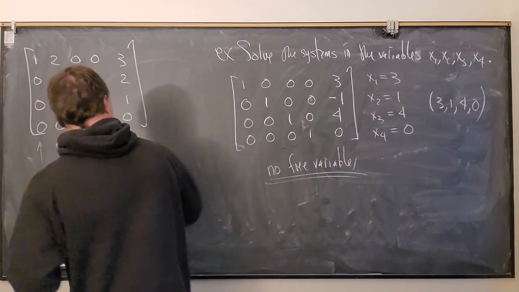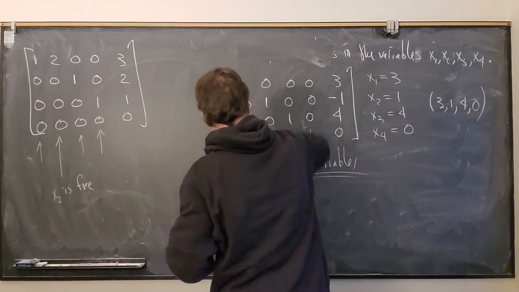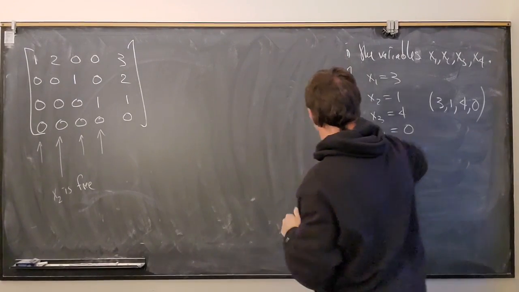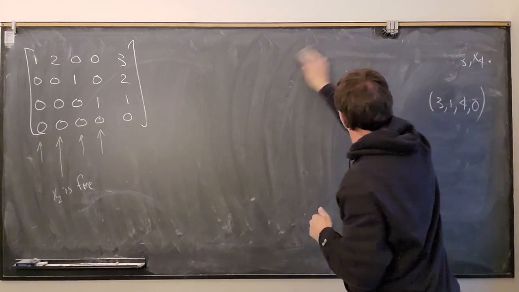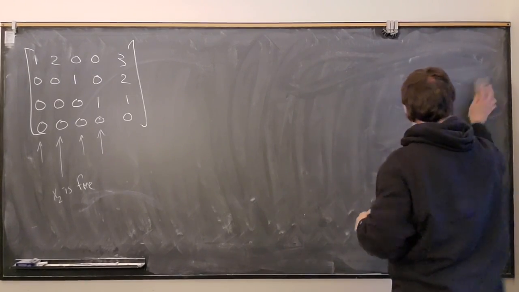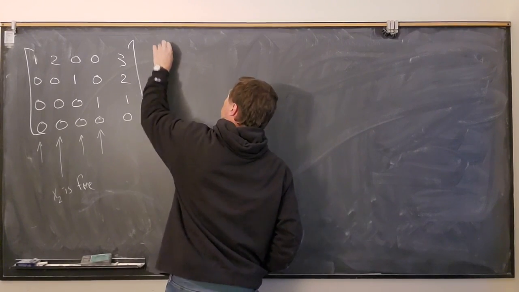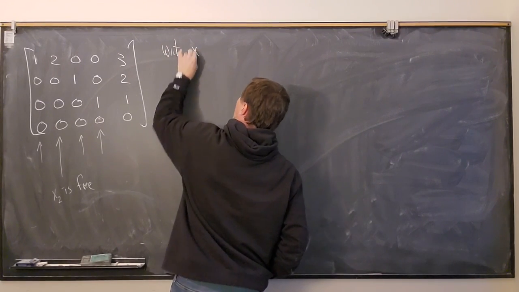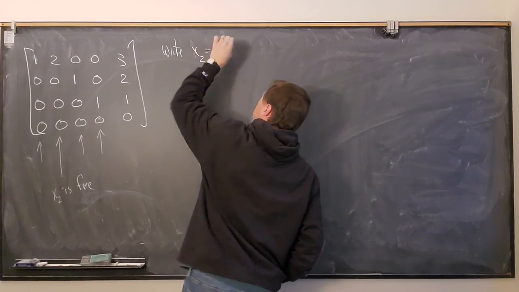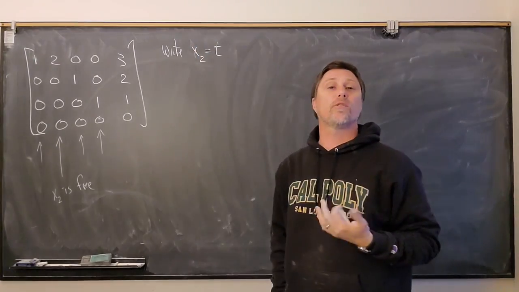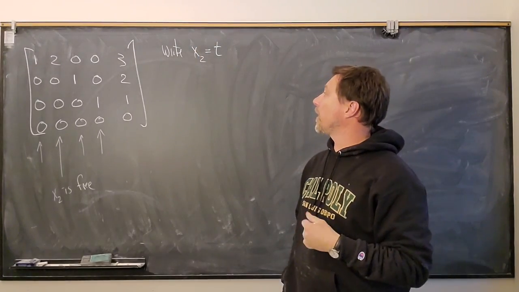So to describe this solution, we're going to write x2 equal to t. This is called a parametric form of the solution. I'm going to equate it with a parameter.